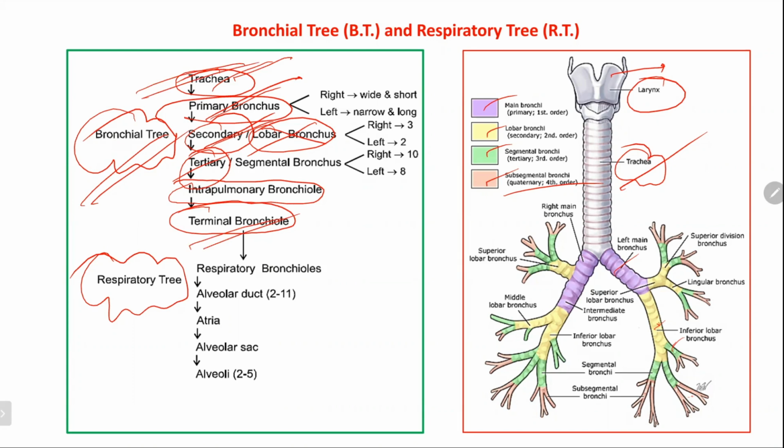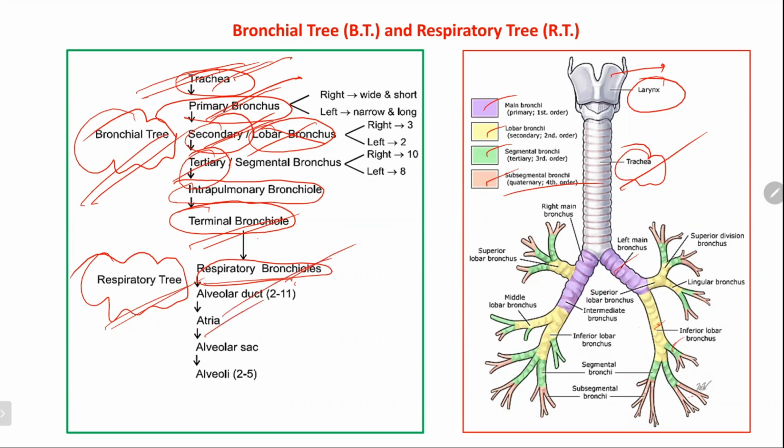This respiratory passage is known as the bronchial tree. Then what does respiratory tree mean? Respiratory tree means respiratory bronchioles. These arise from terminal bronchioles, which are part of the bronchial tree. From respiratory bronchioles, alveolar ducts arise, right?